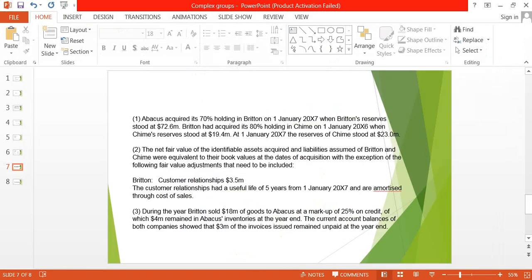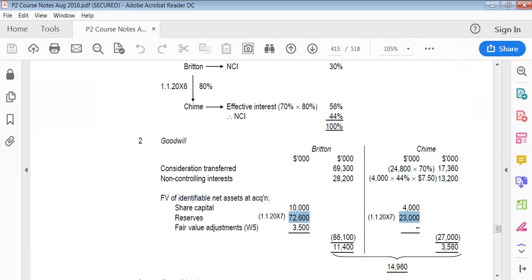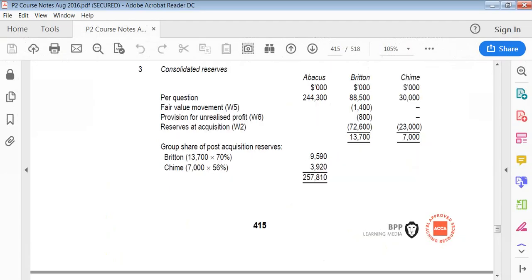Once we are done with the notes, we close the subsidiaries first, then we transfer our share of the subsidiaries post-acquisition reserves to the parent side.